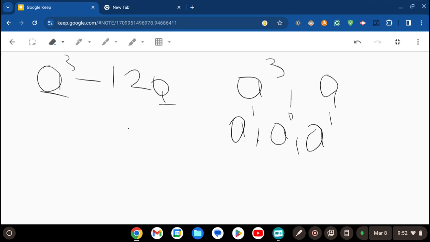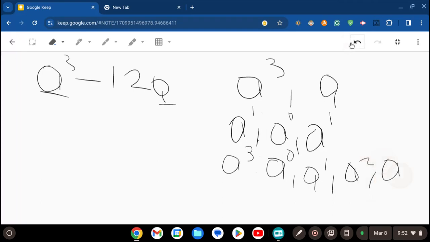And the factors of a cubed are a to the 0, a to the first, a to the second, and a to the third. Now we look at what they have in common, their HCF, which is a to the first. So we'll just factor out a.